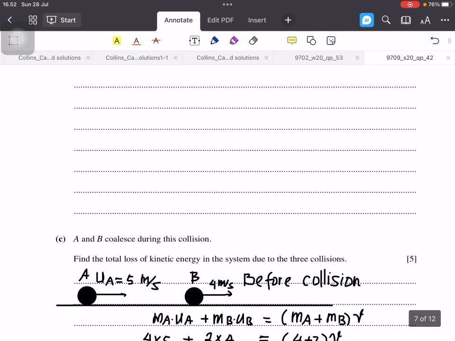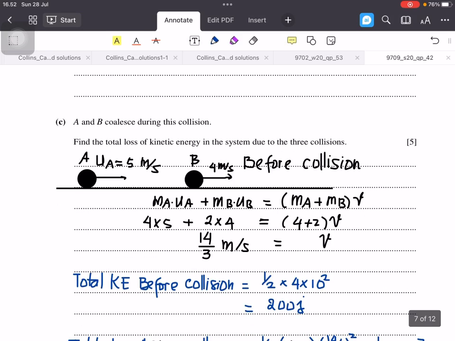And then for part C, A and B coalesce during this collision. Find the total loss of kinetic energy in the system due to the three collisions.